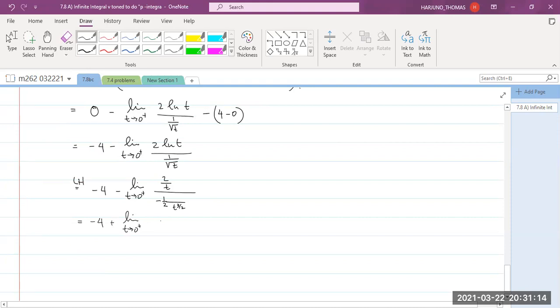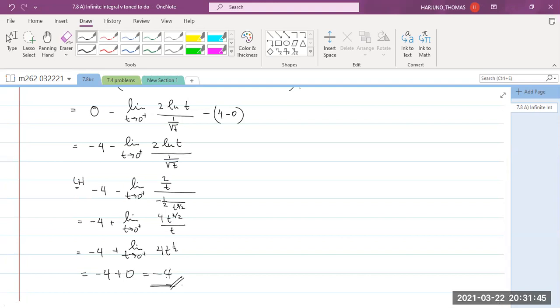We have a negative, bring it to the front. We get 4 on the top, t to the 3/2 over t. That's 0. Oh, I didn't expect that though. Okay, that's number 40.